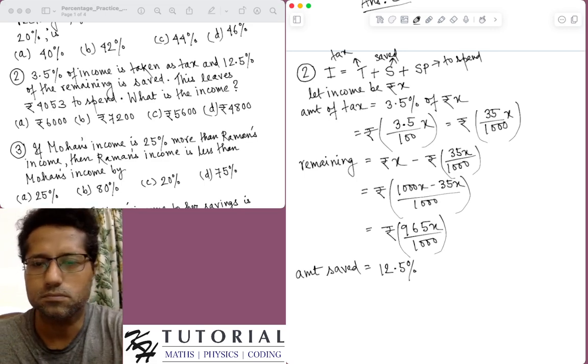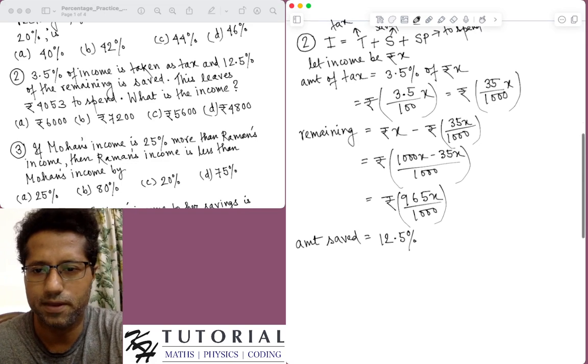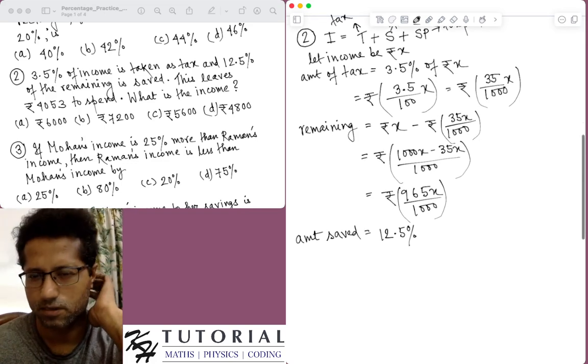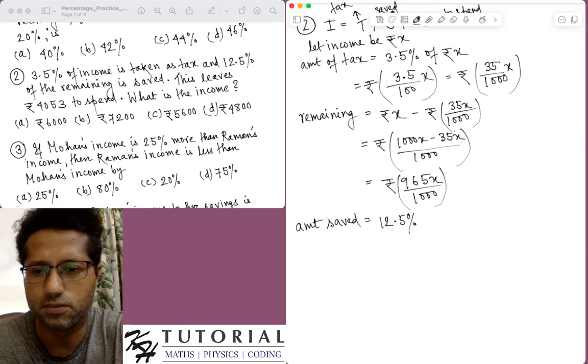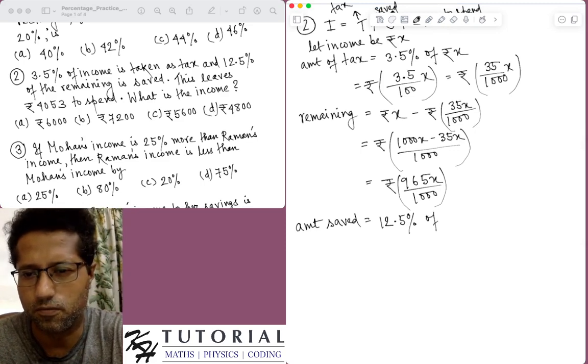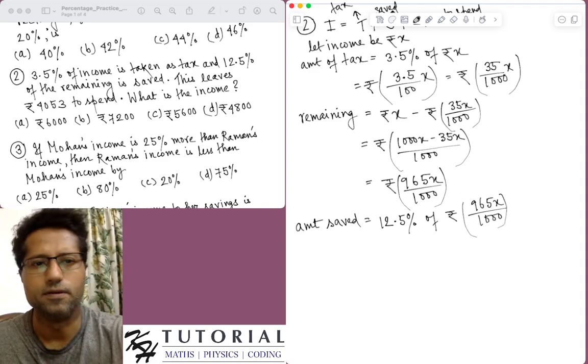Now the remaining is 965 X by 1000, and the amount saved is 12.5% of rupees 965 X by 1000.